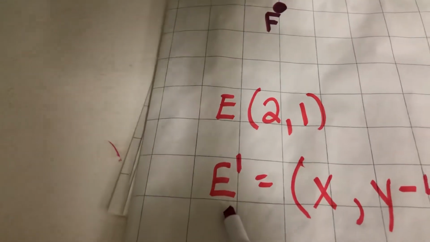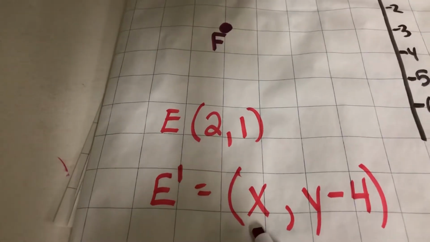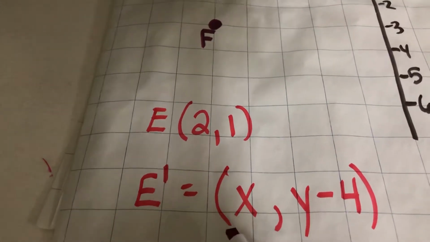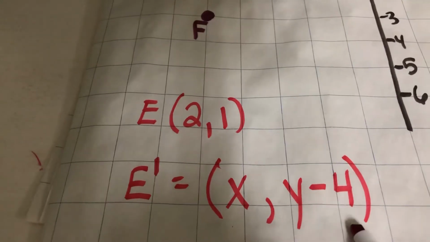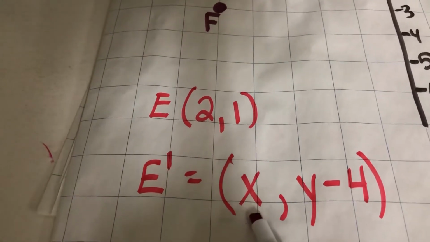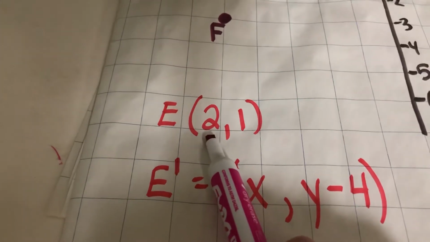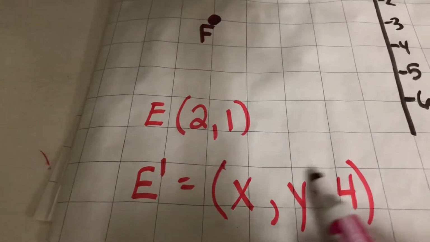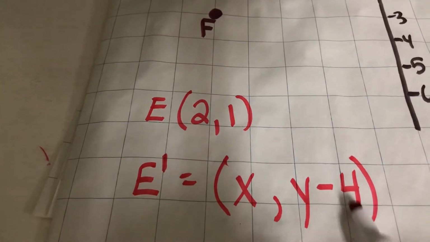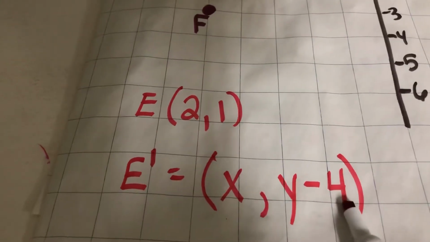Now this one is asking me for my image of E, my E1, to equal (x, y minus 4). So that tells me my x isn't going to change. So it's going to stay along the 2, but it's going to tell me now that my y is going to be 4 less, or -4.